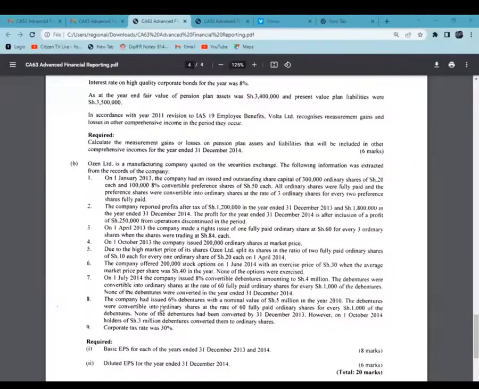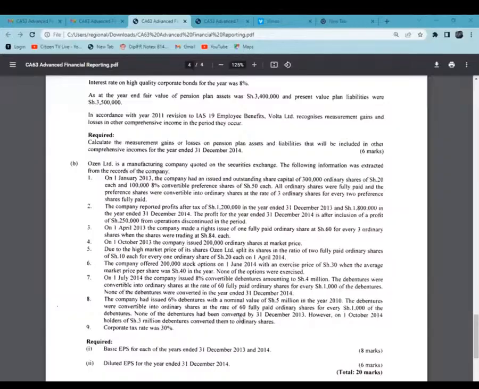Note number 8, the company had issued 6% debentures with a nominal value of 5 million in the year 2010. The debentures were convertible into ordinary shares at the rate of 60 fully paid ordinary shares for every 1,000 of the debentures.